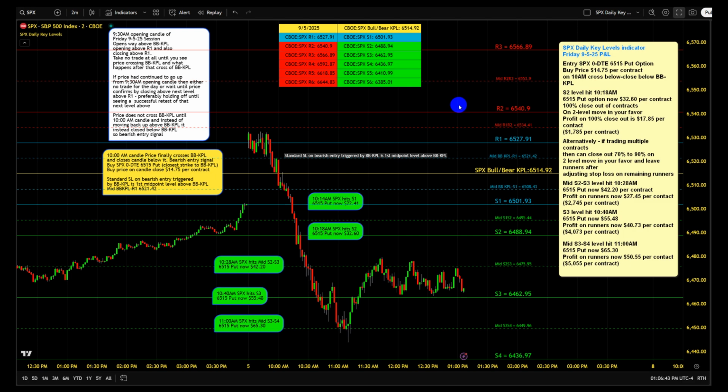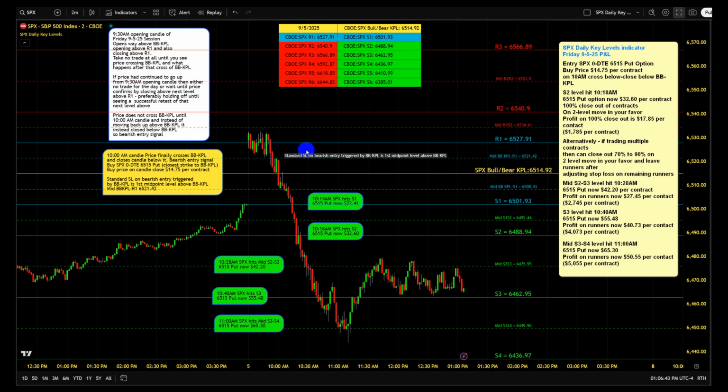So if, for example, you were taking a bullish entry on the S3 level, then your standard stop loss would be the first midpoint level below, which would be your mid S3, S4 level. Conversely, if you were taking a bearish entry off the R2 level, then your standard stop loss would be the first midpoint above, which would be mid R2, R3.